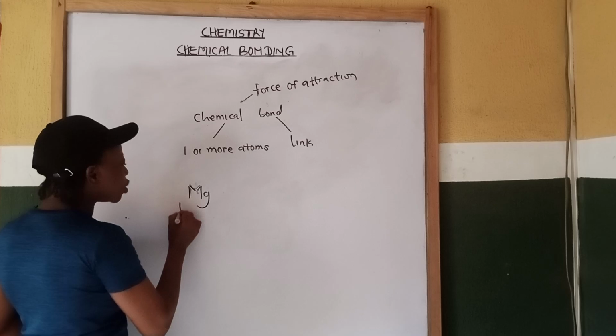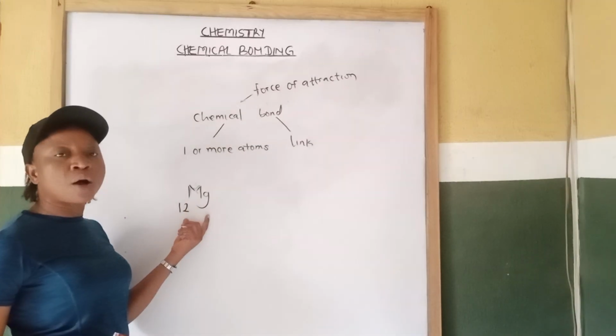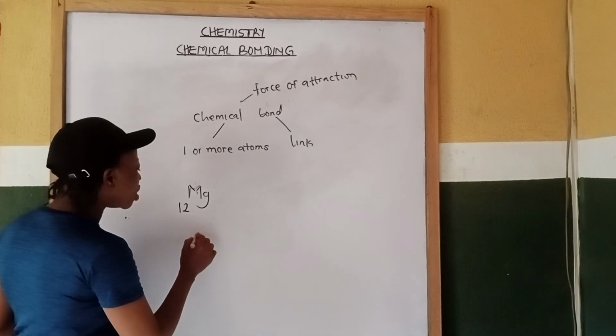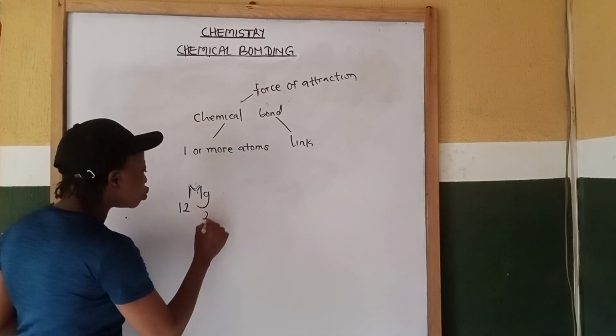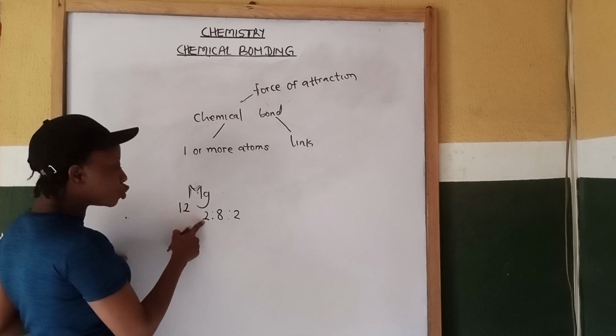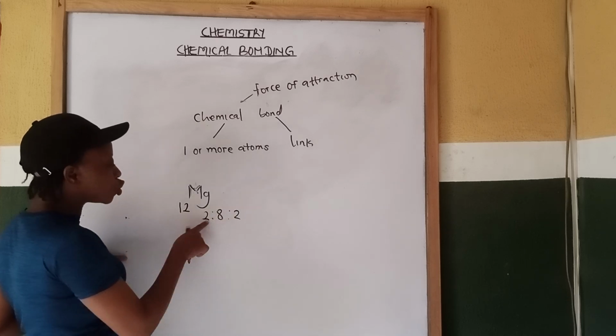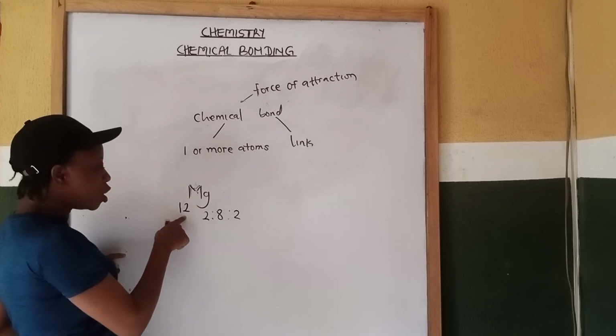Magnesium has atomic number 12. The electronic configuration of magnesium is 2, 8, 2. The first shell carries 2, the second carries 8, and the last shell carries 2. So 2 plus 8 plus 2 gives us 12.